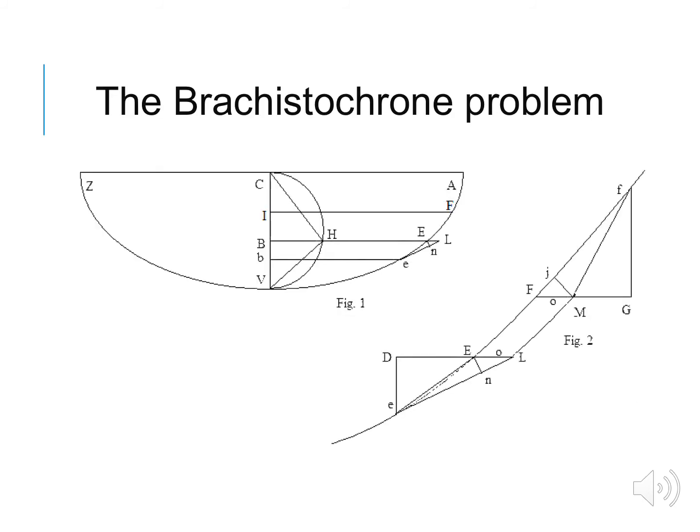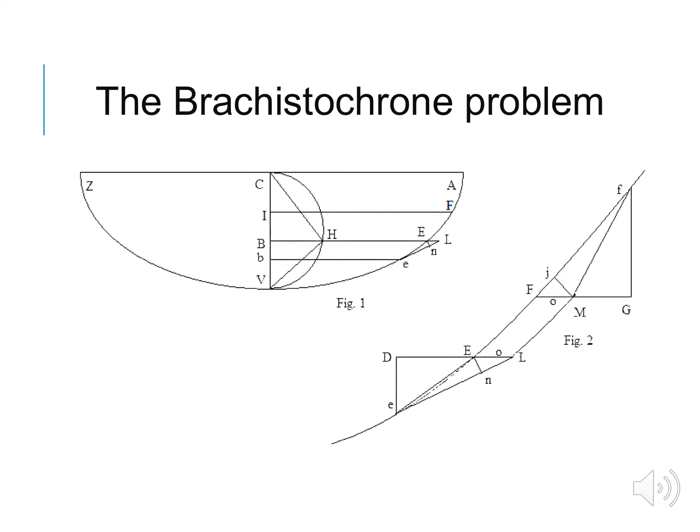Okay, last but not least is the brachistochrone curve problem. Figure 1 shows Bernoulli's diagram, except the additional line IF is absent from it, and Z, the start point, has been added.